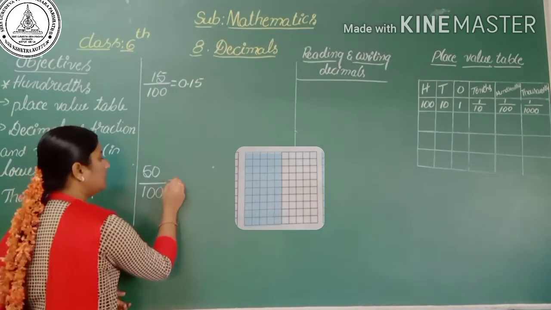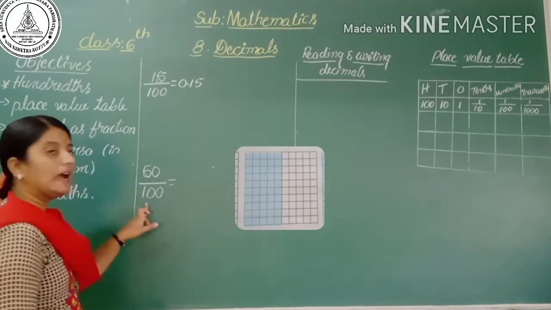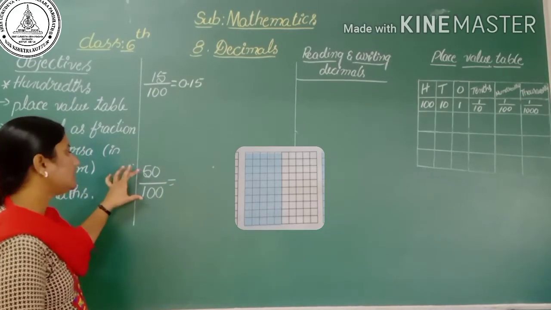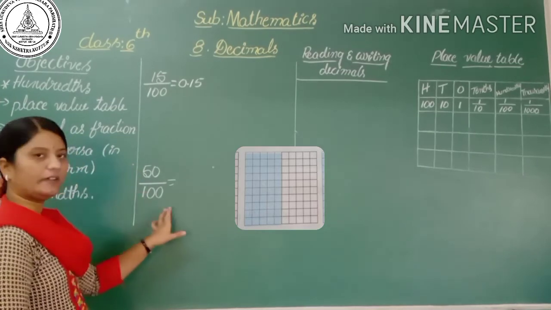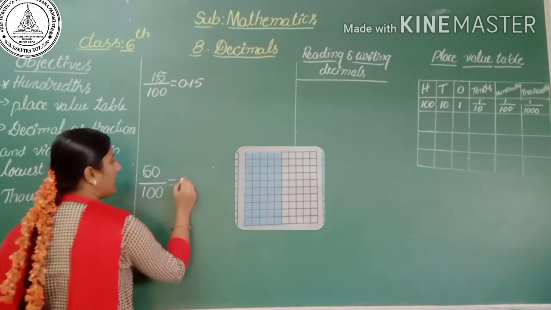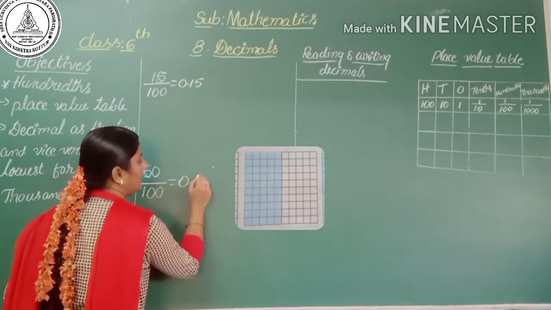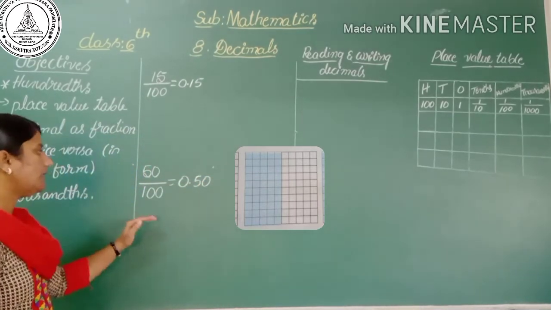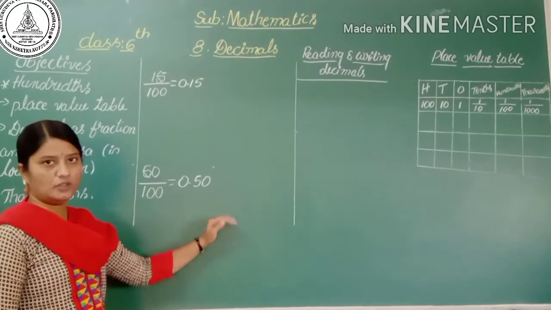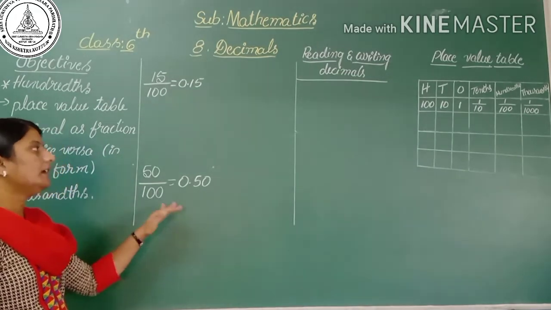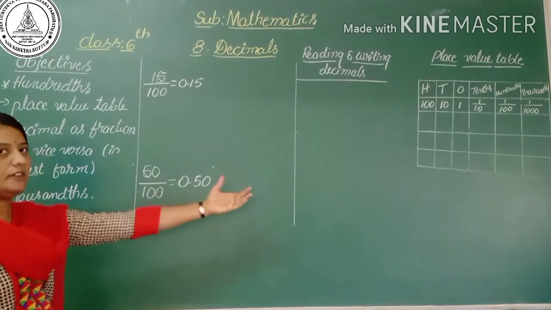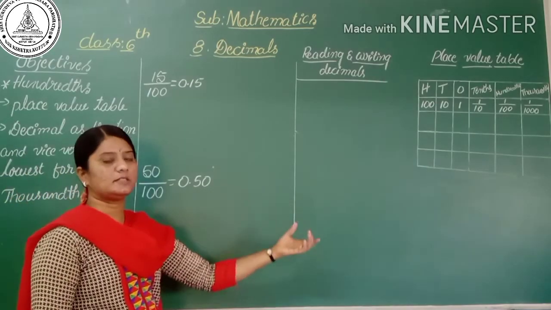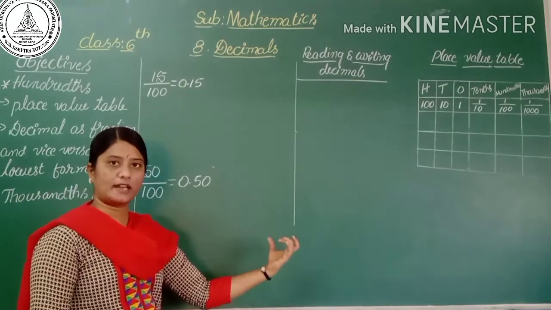As you may see here, it is 50 hundredths. You can read this fraction as 50 hundredths. Okay, then write it as 0.50. Okay, so we can read it as 0.50. Right?